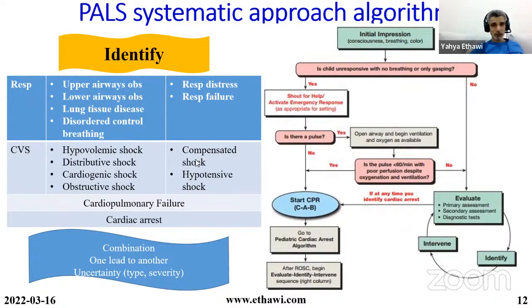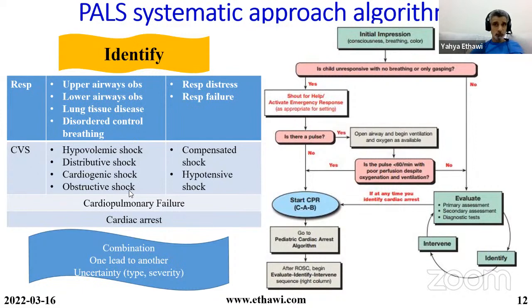So the final diagnosis, is it compensated shock or hypotensive shock? Or the child has both, cardiorespiratory failure, or actually we have a cardiac arrest. We can have a combined, and remember, one can lead to another. And we always will have uncertainty about the type and the severity.